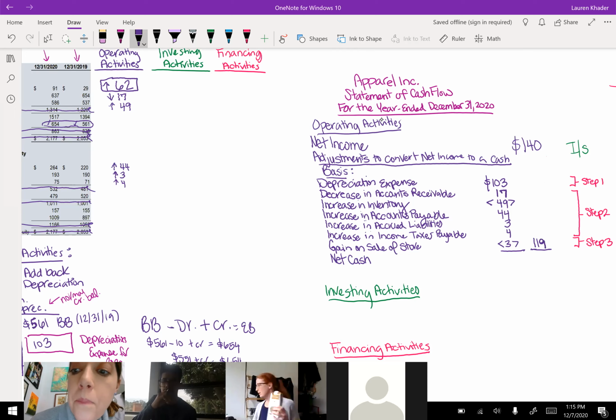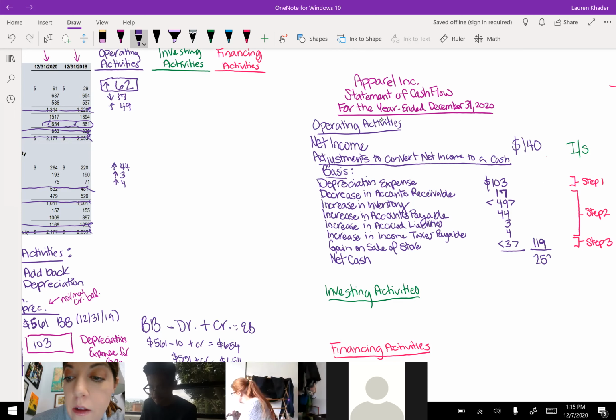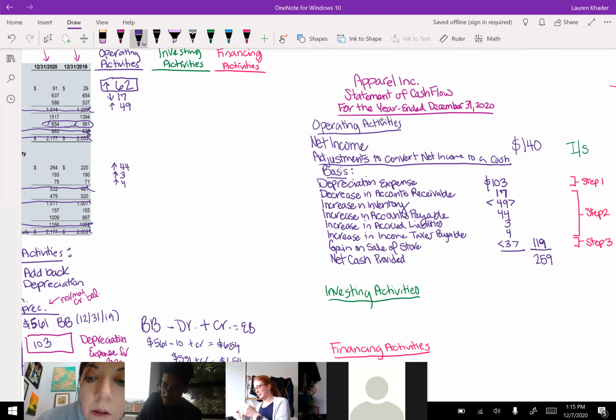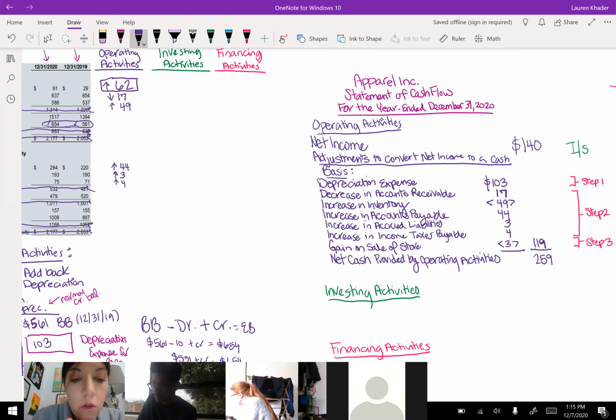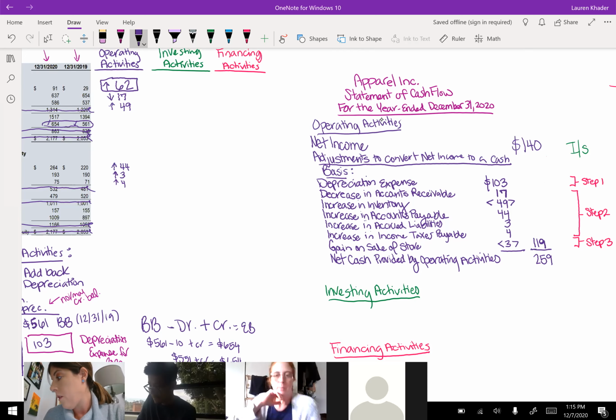How much is it? 259. So net cash provided by, which is what you hope to see, operating activities is 259. No dollar sign, no underline because we're going to use that number later.